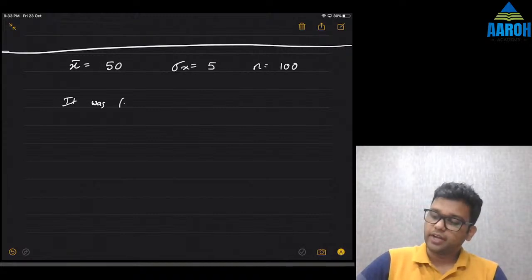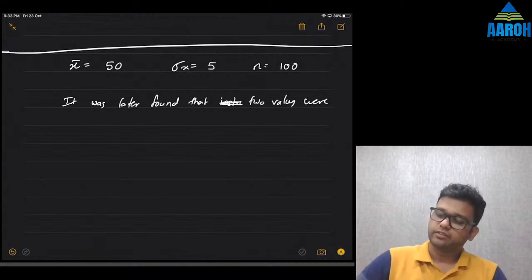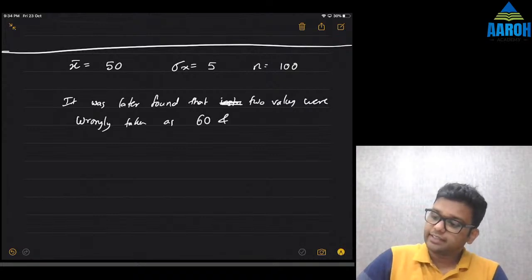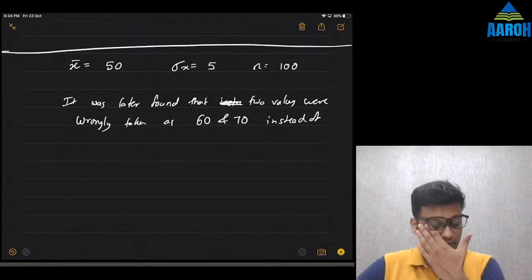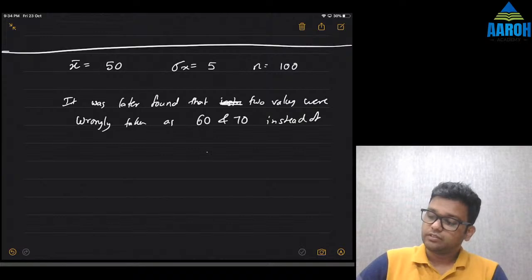It was later found that two values were wrongly taken as 60 and 70 instead of 40 and 50.